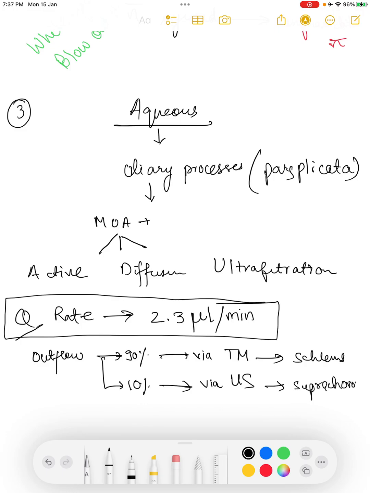These are very important points when we come to anti-glaucoma medications and study glaucoma. It is all based on this thing called aqueous.